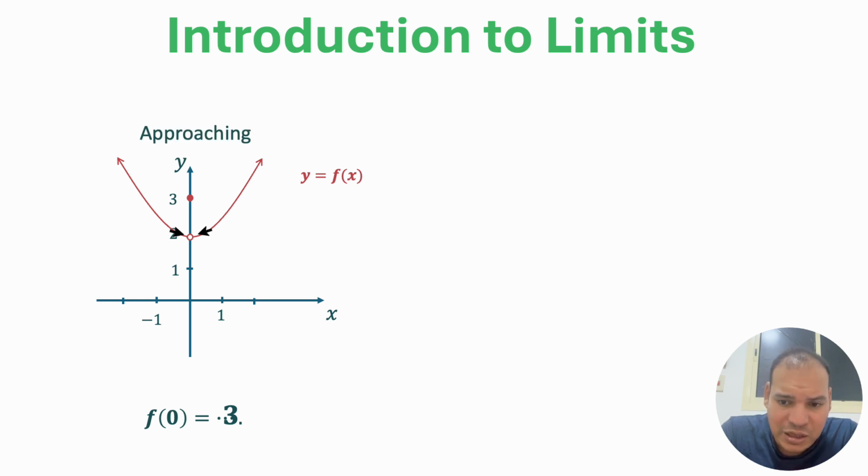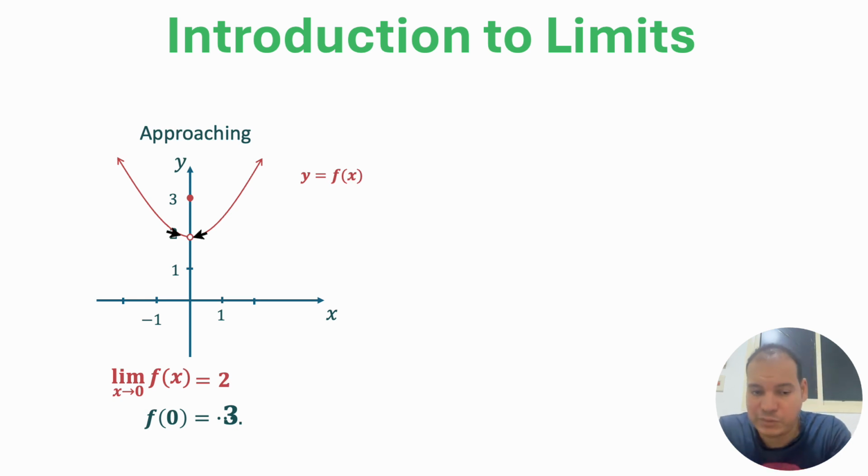So by using the approaching principle, we say that the limit of the function f of x when x gets closer to 0 is equal to 2. Approaching the value of the function when x equals 0 from both sides gives us 2, so the limit of the function is equal to 2.